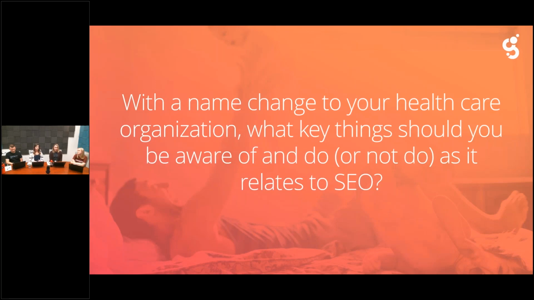Another thing you want to do is inform Google and Bing about your domain change and your name change through Search Console and Bing Webmaster Tools, and then submit your new sitemap to them so they're able to crawl your site. Focus on your metadata, your page titles and meta descriptions on your site, to make sure that you're incorporating your new name.